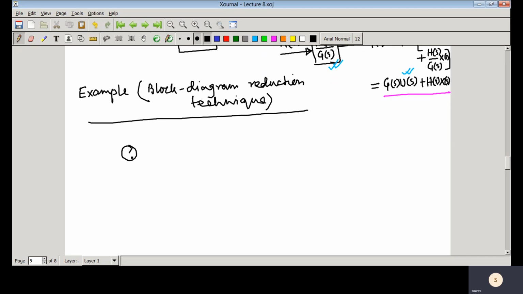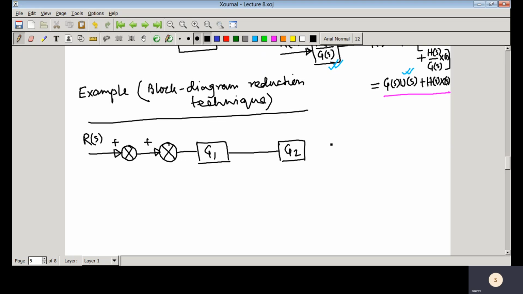So the block diagram that we have, this is the problem given to you. Rs is the input signal, and you have two comparators, and in this particular problem I am just writing G1, which means G1(s). I am not showing the Laplace variable in the transfer function. All are rational transfer functions.